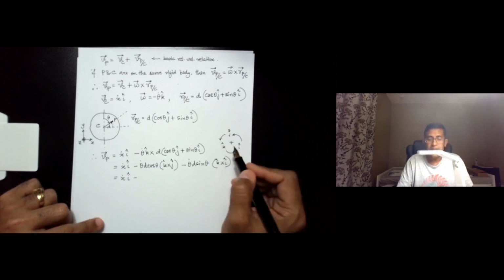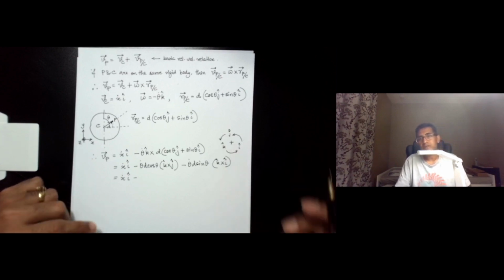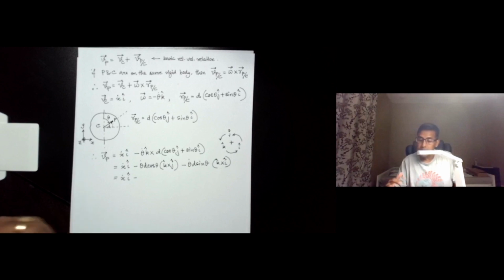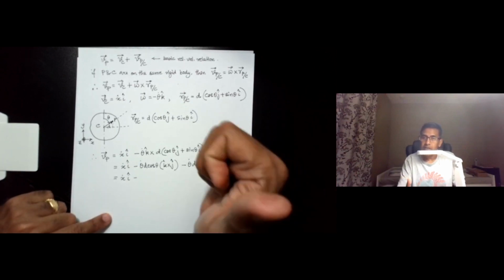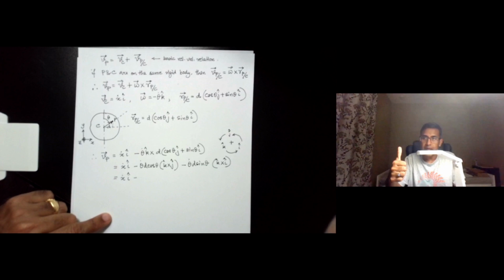This positive direction is the one I use to set up my right-handed coordinate frame, such that if I curl my fingers from i to j, I will get k.